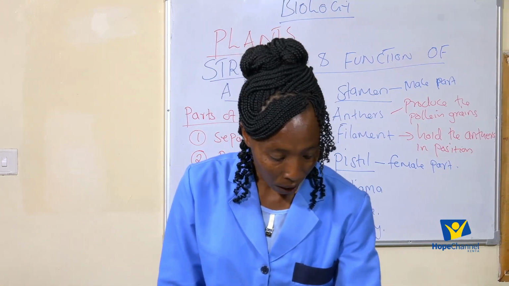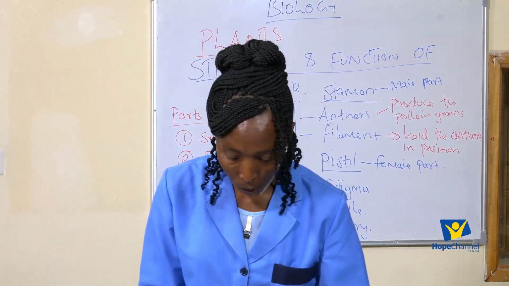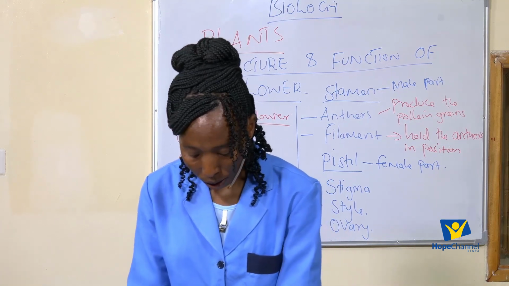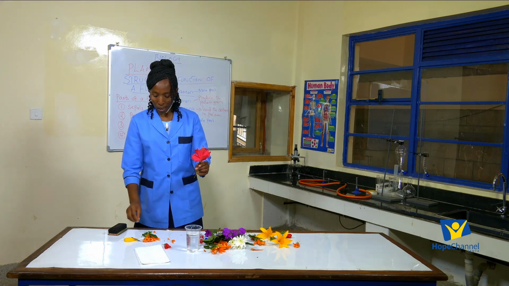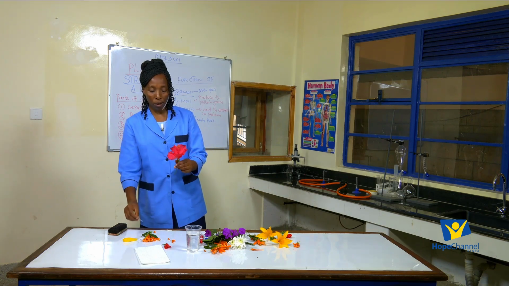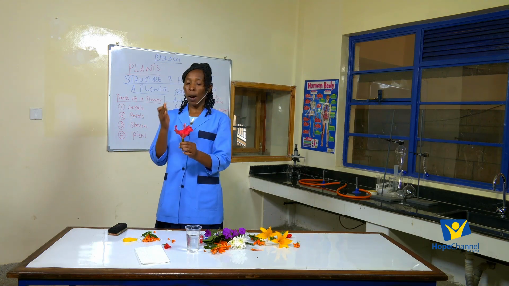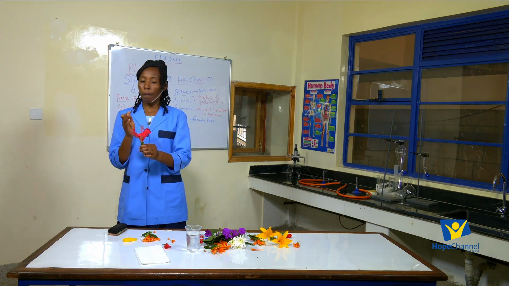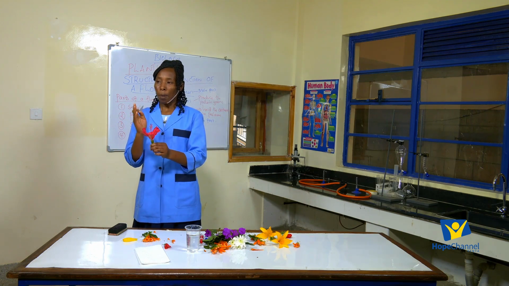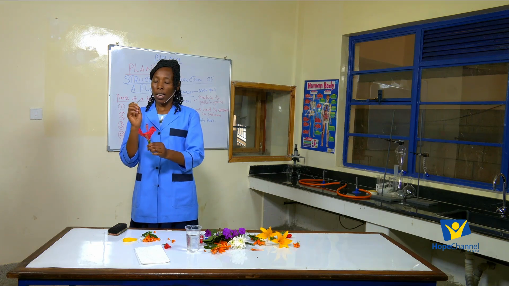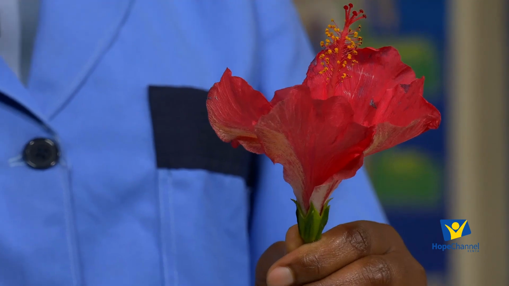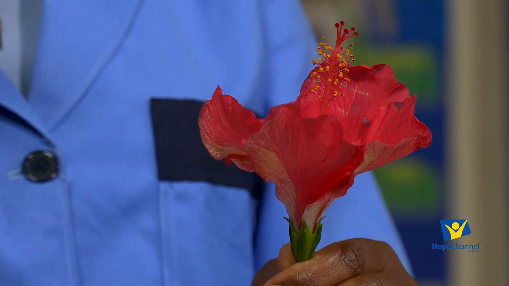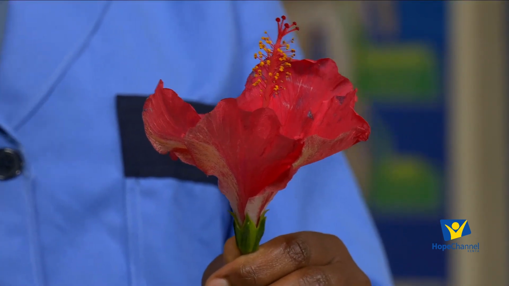Now, allow me to start with the stigma. Remember, I want us to first identify those parts of the flower. At this point, we want to identify the female part of the flower, and I've said the female part of the flower consists of the stigma, the style, and the ovary.